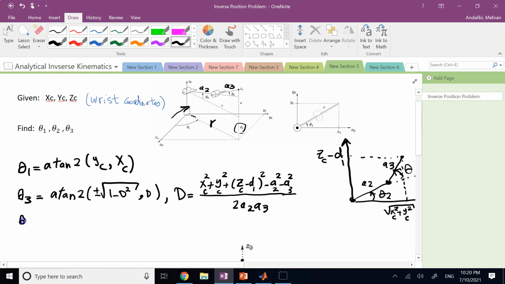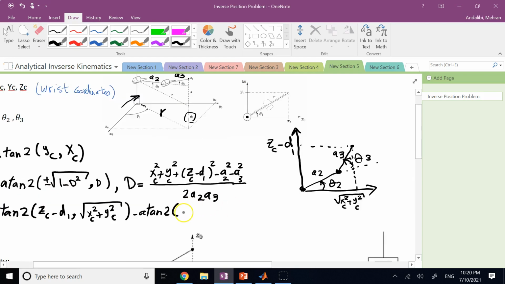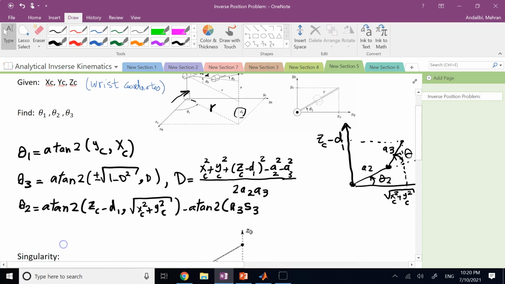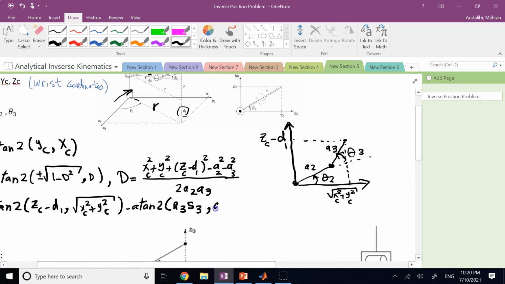So here your theta 2 is going to be arctangent 2 of zc minus d1 and this square root, minus arctangent 2 of a3 sine of theta 3 and a3 cosine of theta 3 plus a2. There we go.